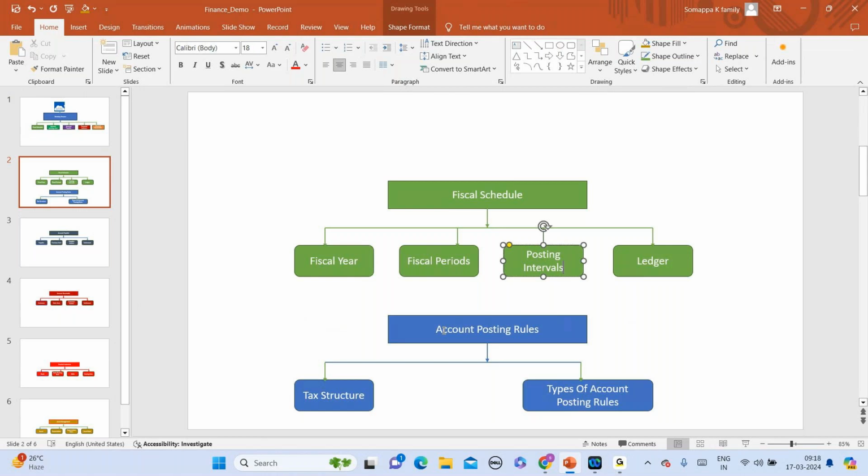How to create the cost centers and how to post the transactions into the cost center will be explained in the account posting rule, along with the tax structure. All these details will be attached to the company, because when we talk about the finance module, it is company itself. So I'll pause here.